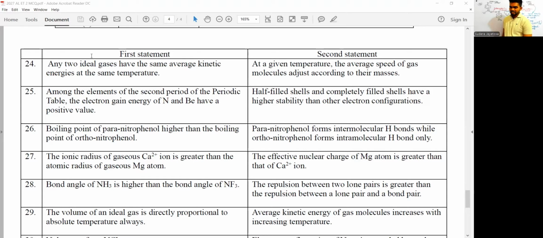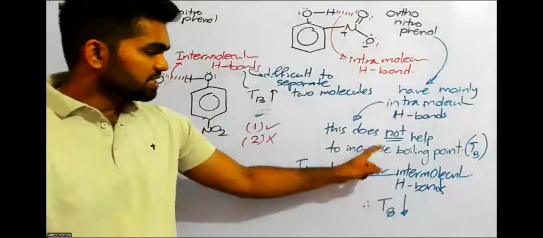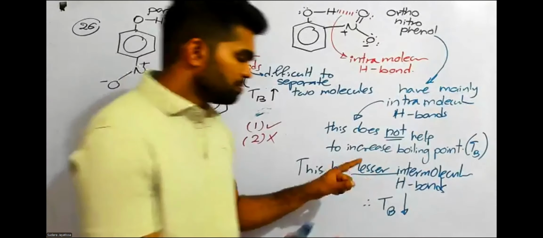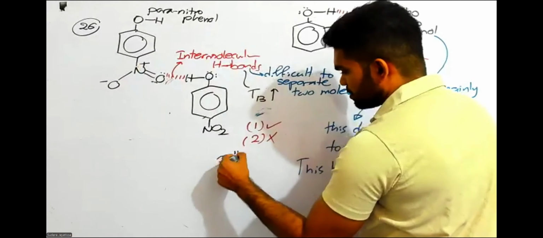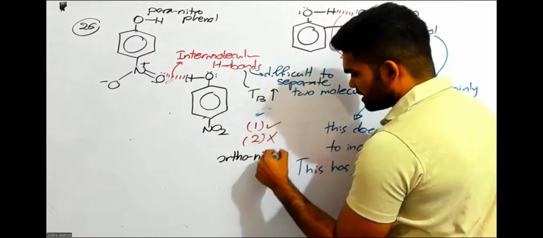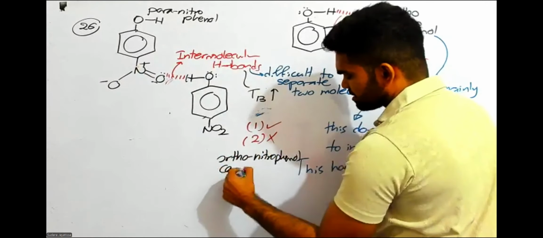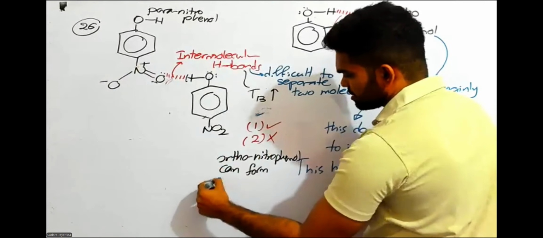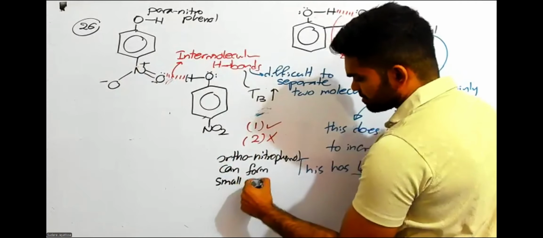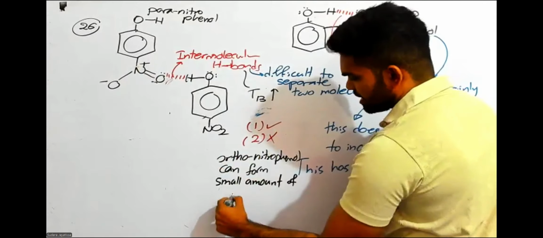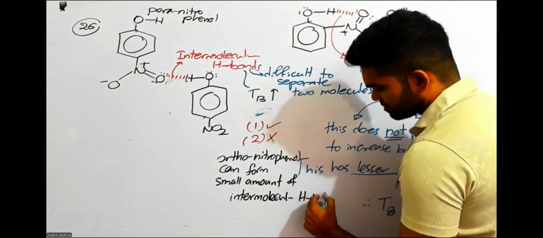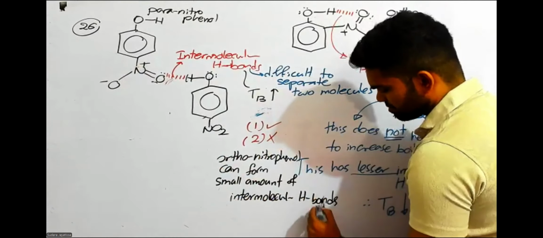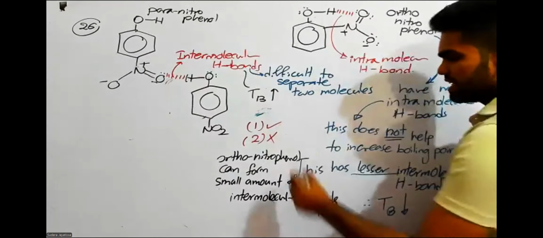The reason is it is having lesser intermolecular H bonds. See, lesser. So orthonitrophenol can form a small amount of intermolecular H bonds too. So telling it like this is wrong.